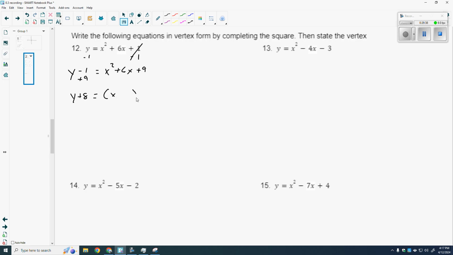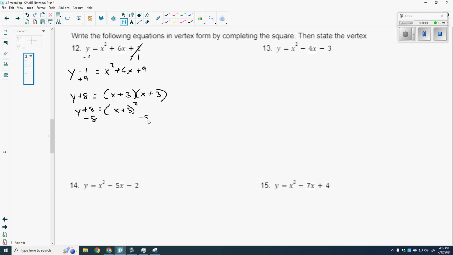This factors into x and x plus 3, 6 divided by 2, plus 3. 3 times 3 is 9. 3 plus 3 is 6. I can rewrite this as x plus 3 squared. Whoops.